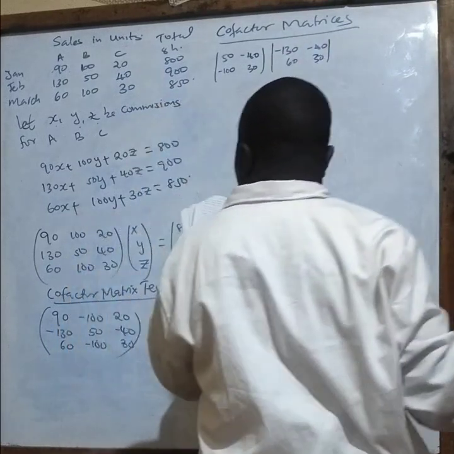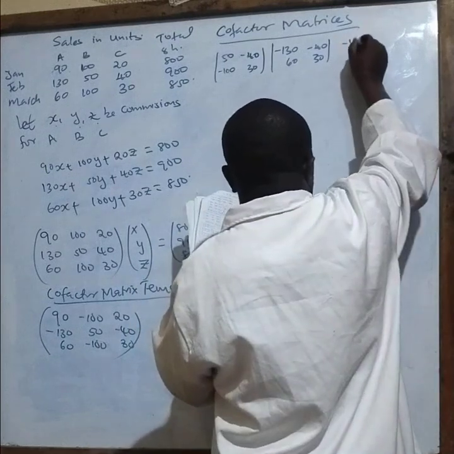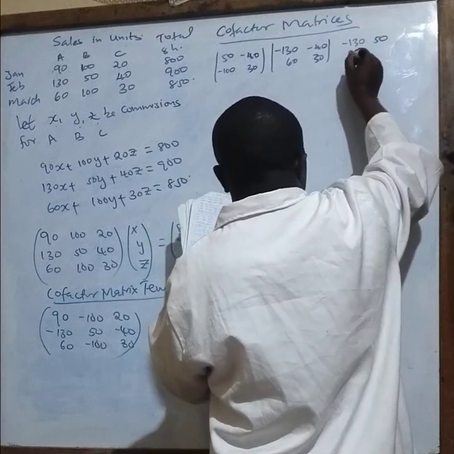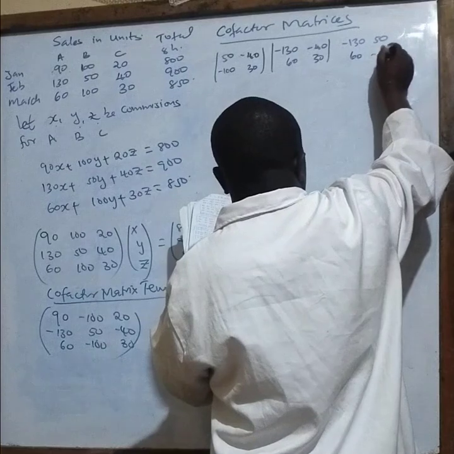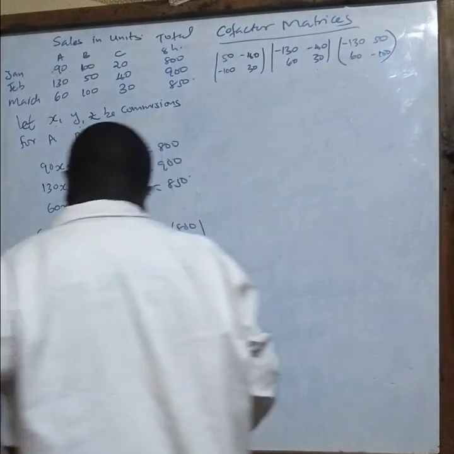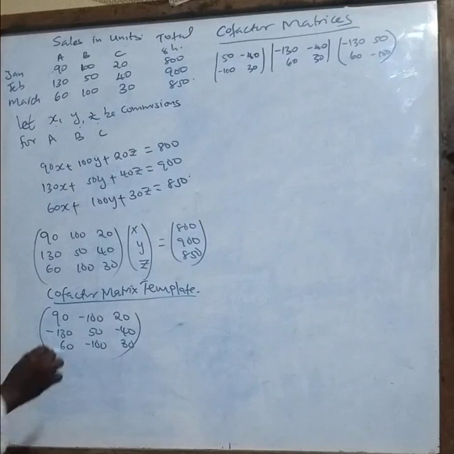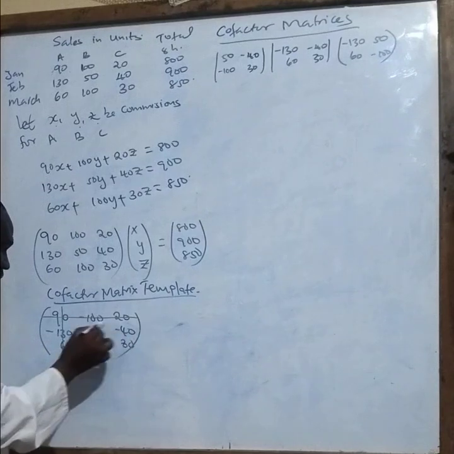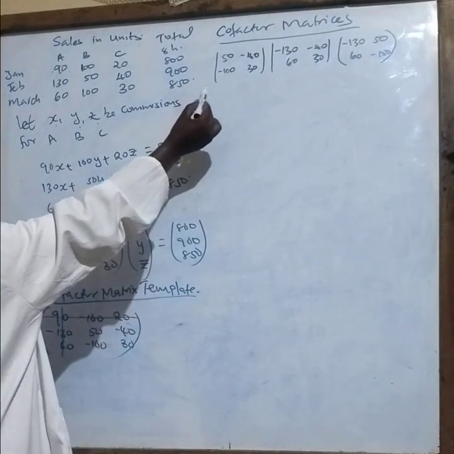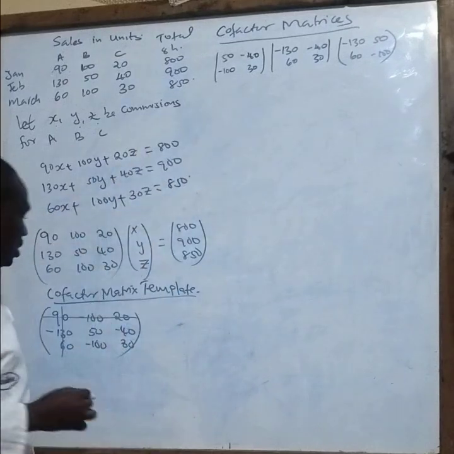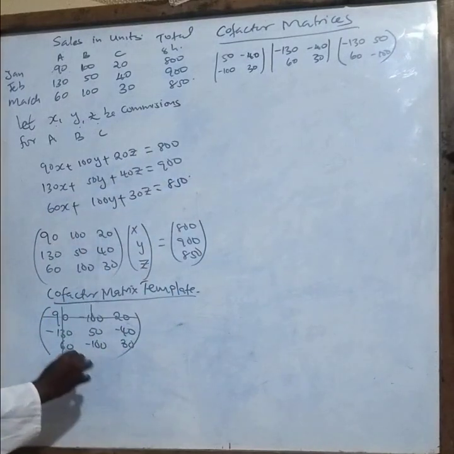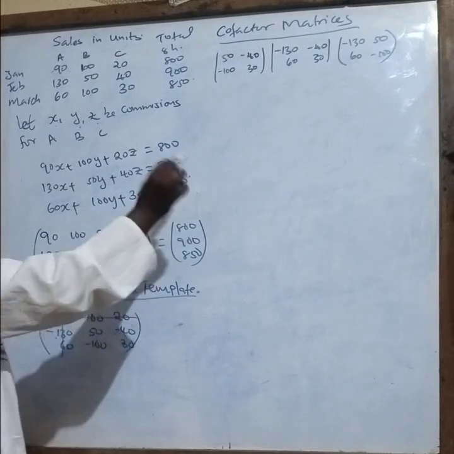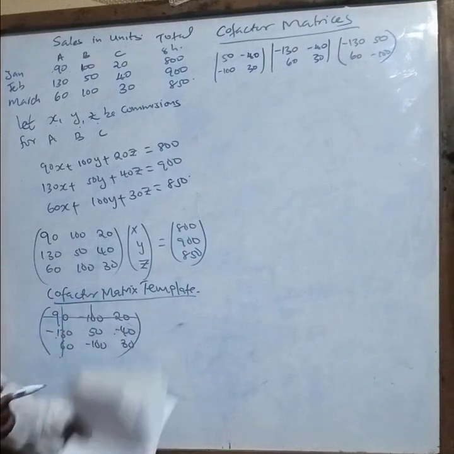Then the last one is negative 130, 50, 60, negative 100. Can you confirm whether what I've copied for the first column is true? You just say this one is closed, so what is remaining is 50, negative 40, negative 100, and 30. For the second, I close this, so I will have negative 30, negative 40, 60, and 30. The same applies to the rest of the columns.